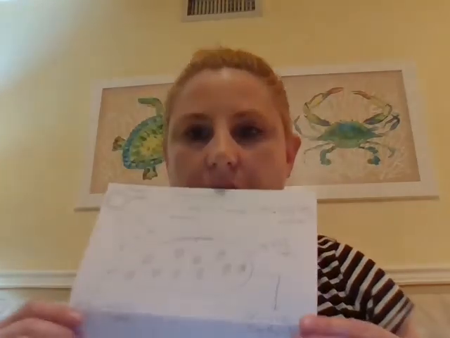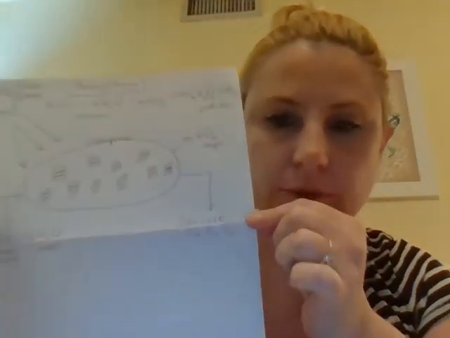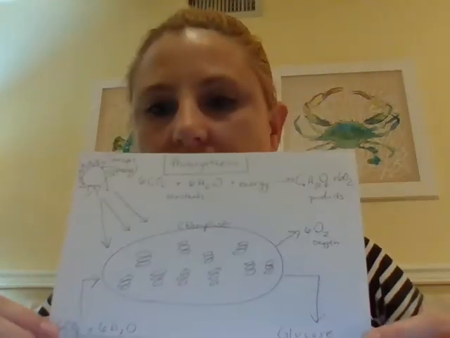Next, on the top half of it, you're going to write the stuff for photosynthesis. So I'm going to show that to you in just a minute. I'm going to go ahead and pause my recording. I am going to do it, and then I'll hold it up so you can see what I want. Okay, so here is what I want. You can see it's just the top written in so far. This is just on photosynthesis.